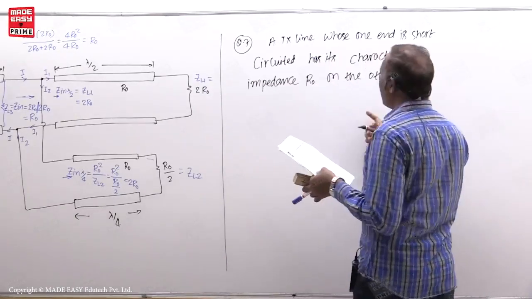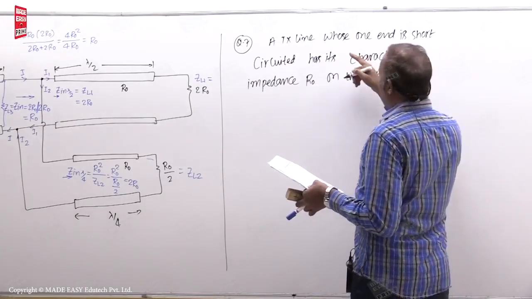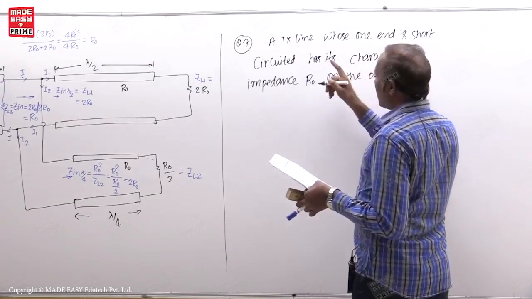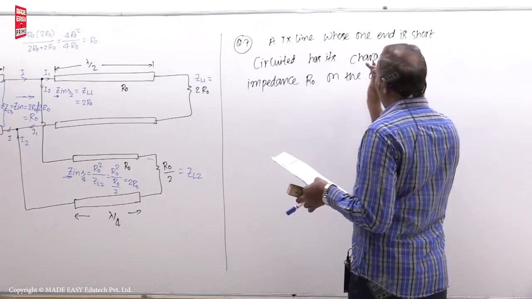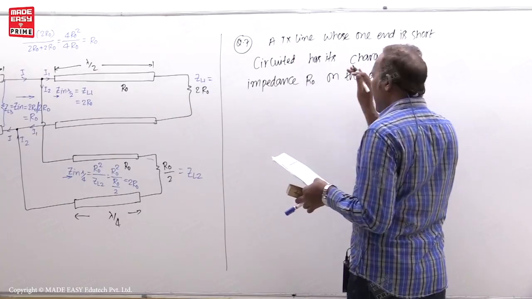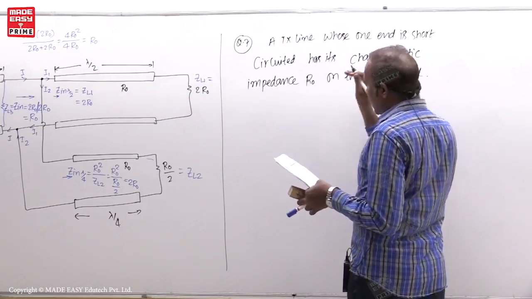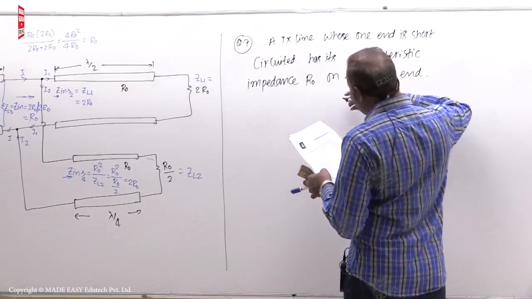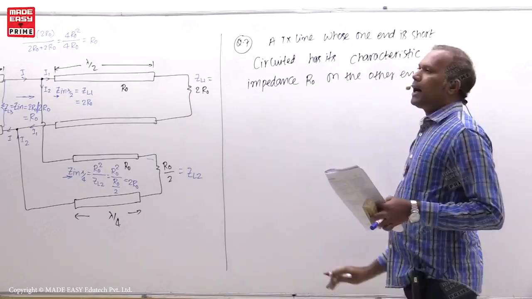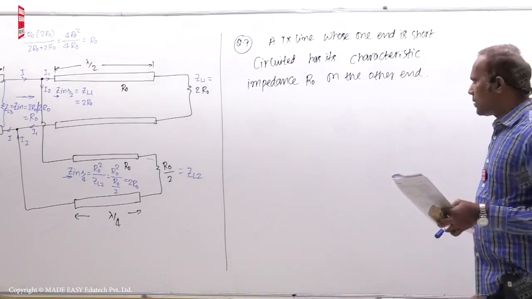That means here two statements are given, student. There is a transmission line whose one end is short circuited and has its characteristic impedance R naught. That characteristic impedance R naught is given, and on the other end also this R naught is connected. So that is the meaning of that.